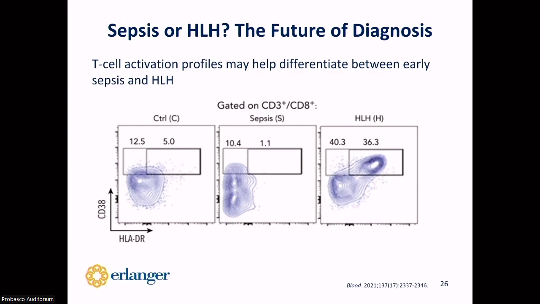So by obtaining these pre-treatment samples, they found that these kids had distinctly more CD38 or CD8 T cells in the HLH group. However, this is only just now confirming some sort of correlation, both in animal models and pediatrics, and a lot of it is not yet clinically actionable. But my hope and goal is that we'll be able to have T cell activation profiles attainable in a much less invasive and easier to access way.